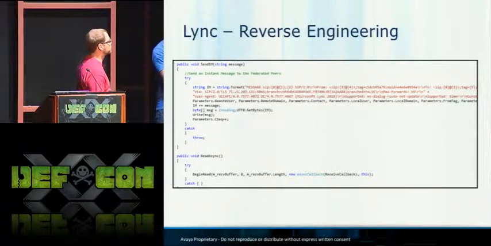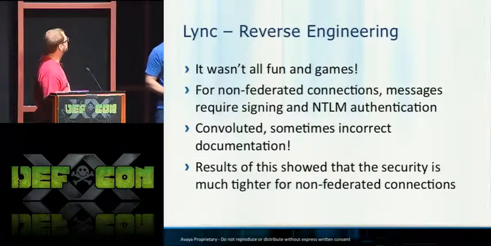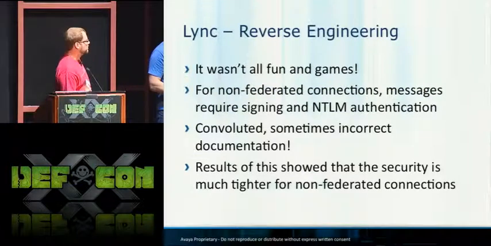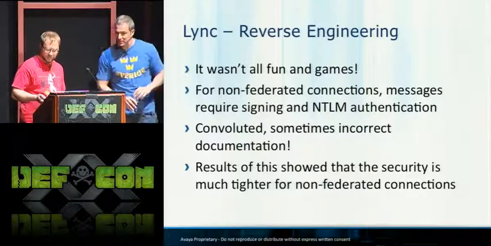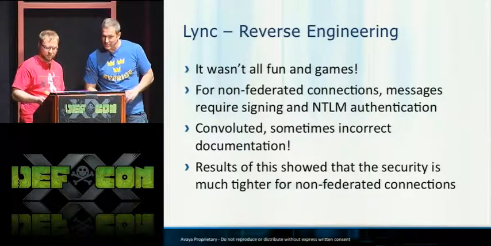Like we said before, you don't actually have to be authenticated on someone's domain to send people messages, but you have to negotiate TLS, and then you have to authenticate with NTLM, but a weird NTLM. And this is essentially how you build a message. It's just a string, and then you send it over. So I guess I covered that part.